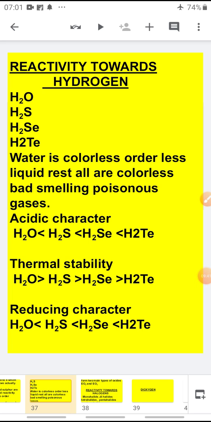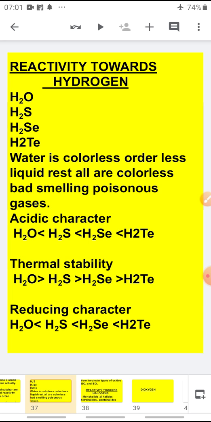Now, you all know that water is a colorless, odorless liquid, but the rest are all colorless but bad smelling poisonous gases. If we look at the acidic character, water is the least acidic here, but as we move down the group, the acidic character increases. What are actually acids? Acids are those substances which can give their H ion.